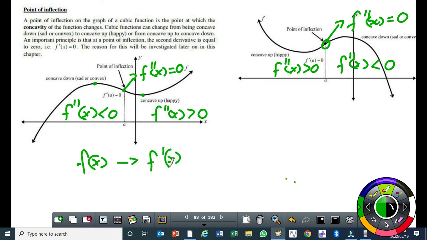F prime of x is the gradient of the original function. Then, if you find the second derivative, f double prime of x, it is actually the gradient of the first derivative. So, the second derivative is the rate of change of the gradient.